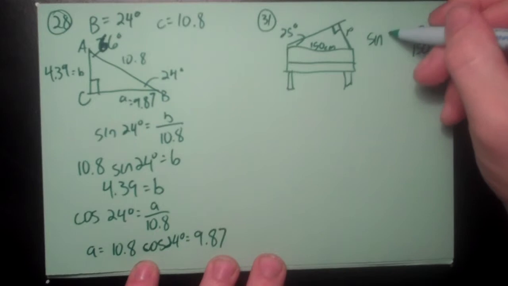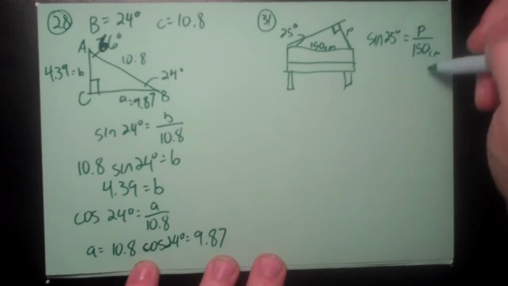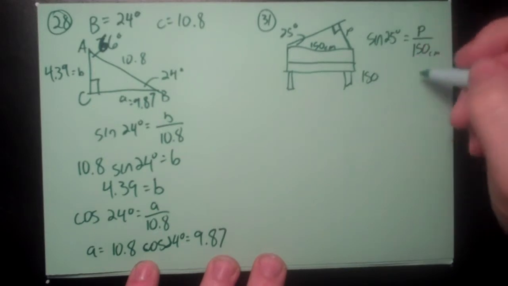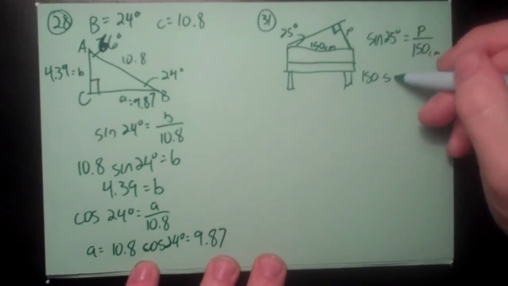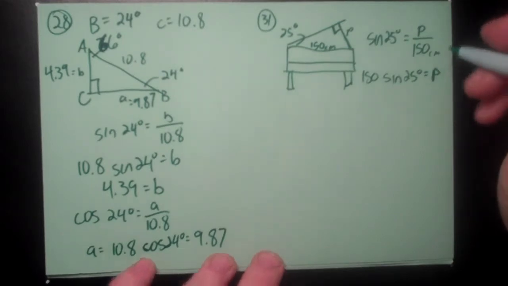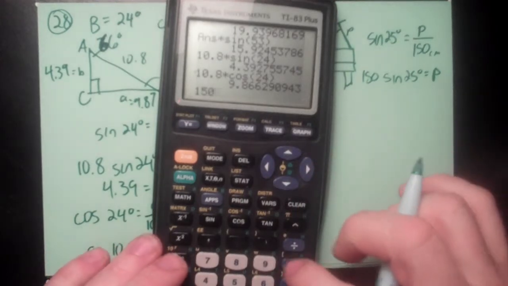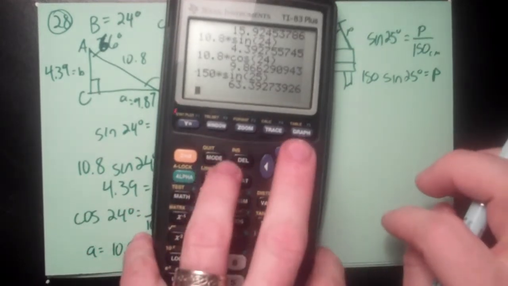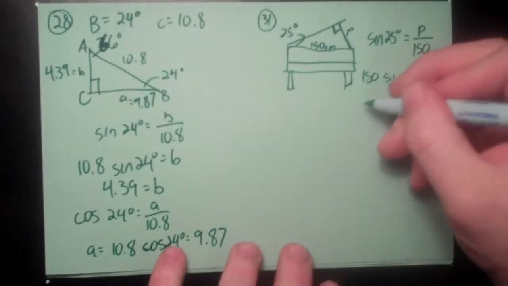That's the sine of 25 degrees. So multiply by 150 on both sides. 150 times the sine of 25 degrees, that's P. 150 times the sine of 25 degrees is 63.39 centimeters.